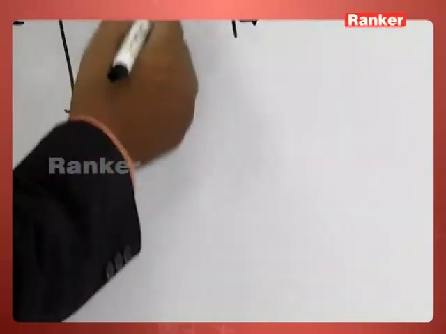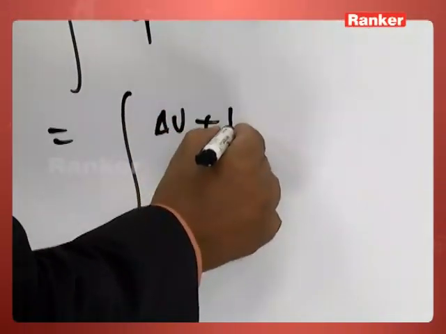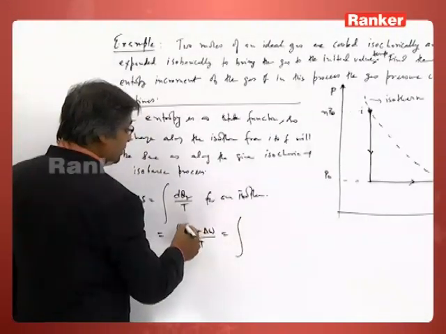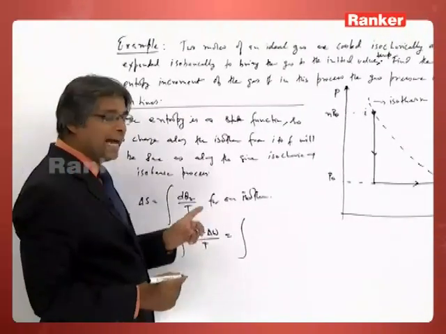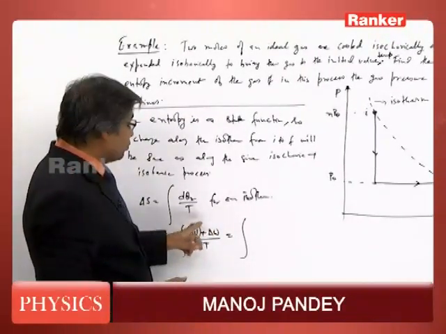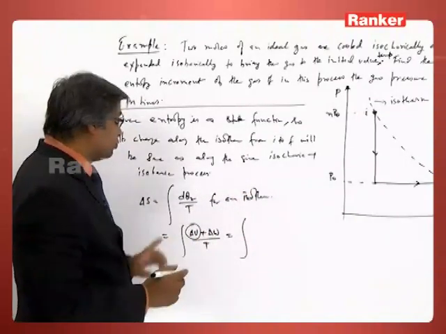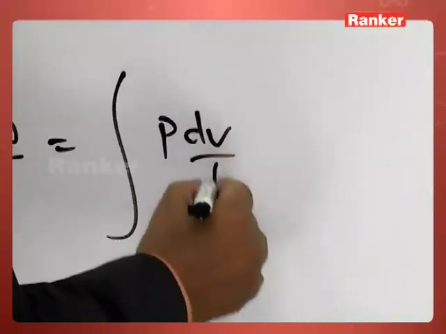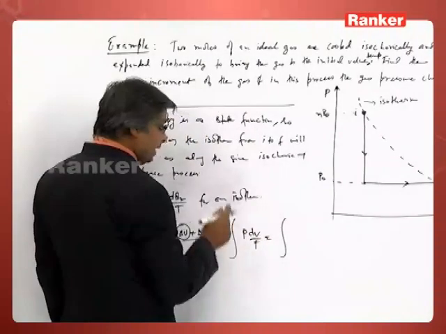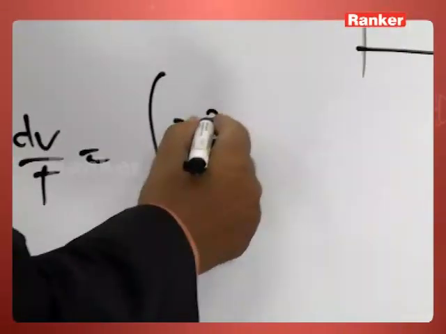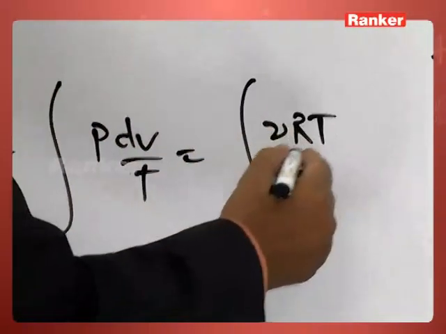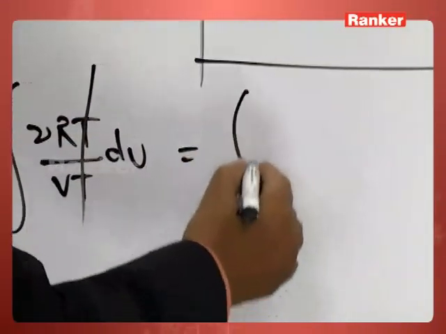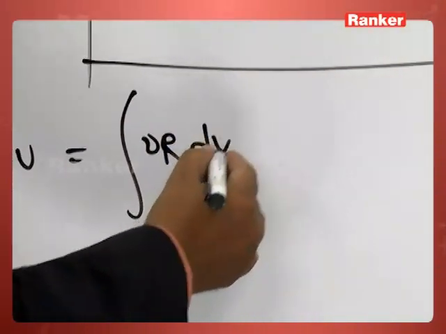Let us recall delta Q is equal to delta U plus delta W, and for an isotherm delta U is 0, because for an ideal gas, if there is no change in temperature, delta U is 0, and dW is equal to P dV. Now P is equal to nu R T by V, so P dV by T is nu R dV by V. The T cancels out.